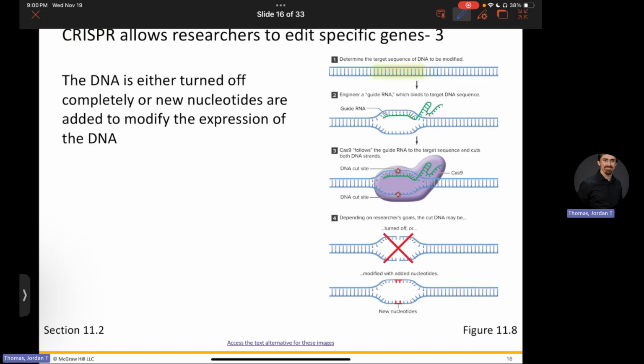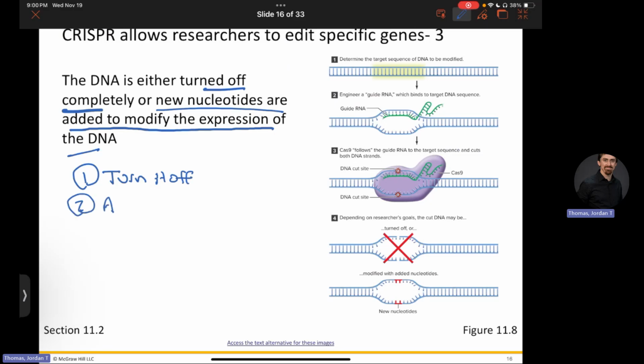CRISPR allows researchers to edit specific genes. The gene is either turned off completely, or nucleotides are added to modify the expression of the gene. So CRISPR turns off a gene, or adds bases to it.